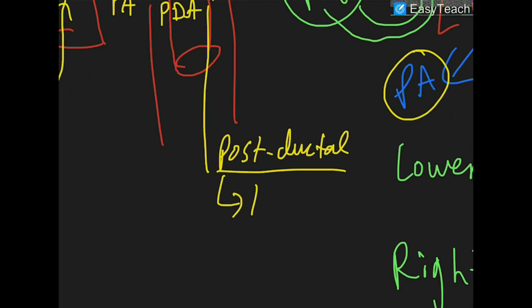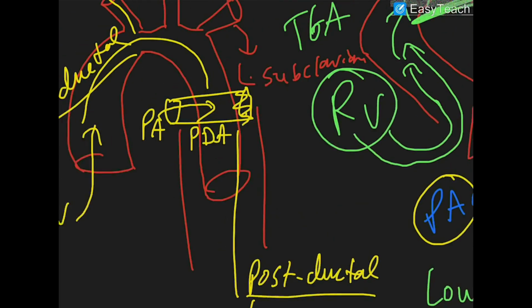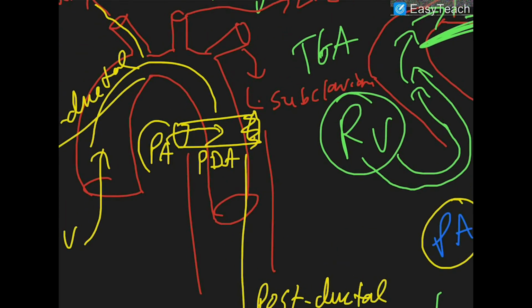Postductal is depicted by looking at the legs. We said that the pulmonary artery dumps oxygenated blood into the descending aorta. Why? Because the pulmonary artery is getting fully oxygenated blood from the left ventricle in this condition, which then dumps into the descending aorta.